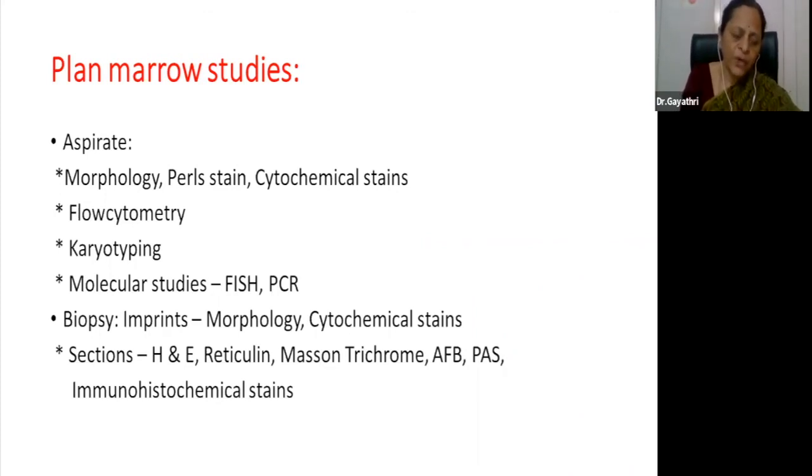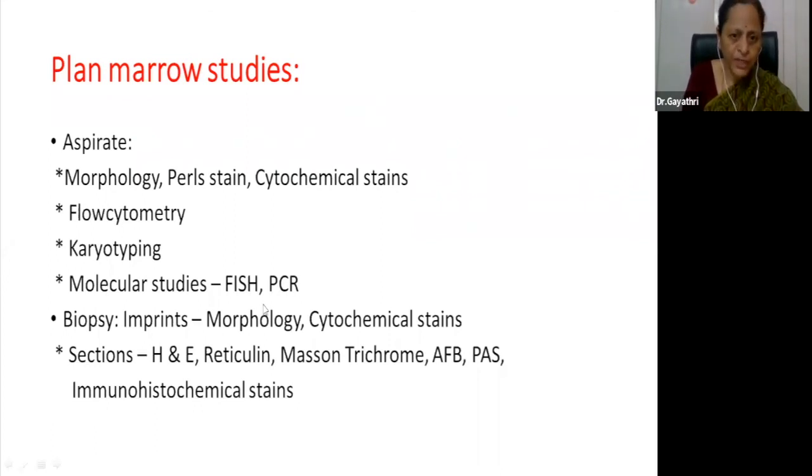The value of karyotyping in marrow evaluation cannot be overemphasized, and you should never have to go back to do a marrow aspiration for karyotyping just because you found something that was a surprise to you. It is better that you collect the marrow in sodium heparin at the first instance, so that in case karyotyping is indicated, you can submit it to the molecular lab.